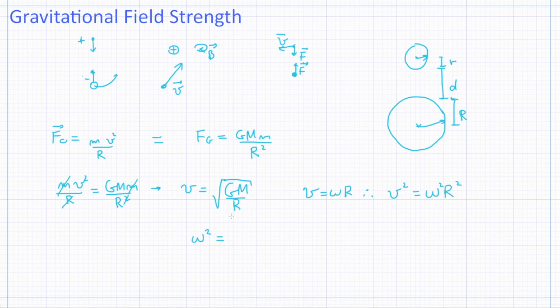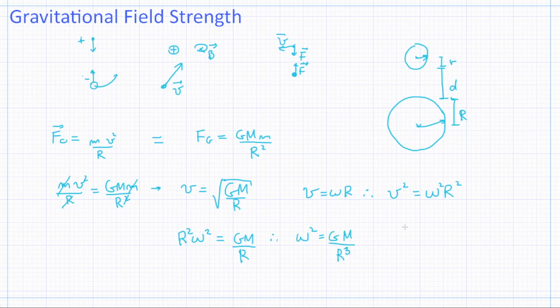So omega squared, I'll put the r squared as well. If I square both sides, I get rid of this root. So that would be capital G, capital M over r. Now, if I get this radius to the other side, I would have my angular velocity or angular speed squared equals G mass over r to the power of 3.